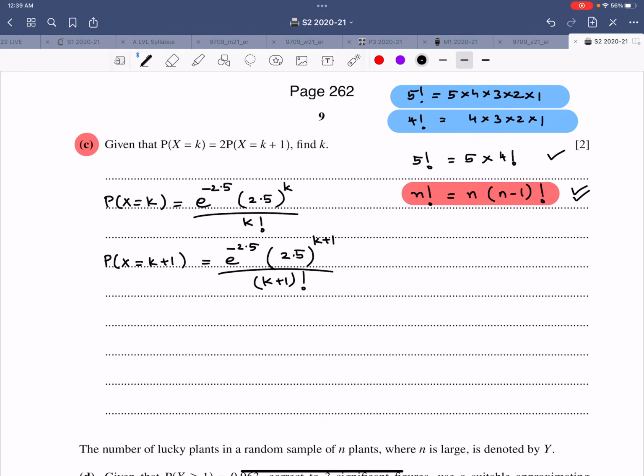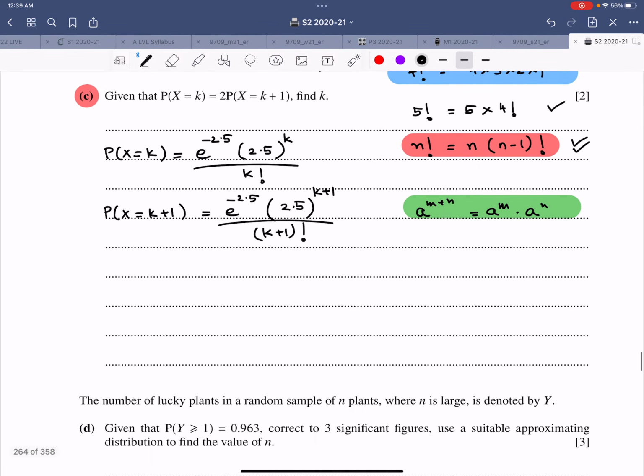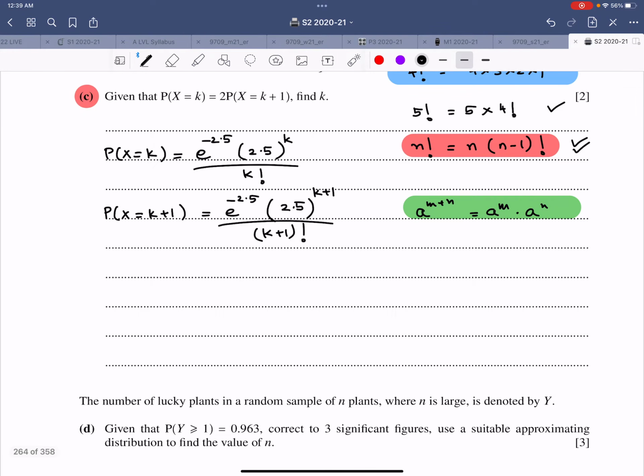Now we should also know indices, that is a raised to the power of m plus n is a power m into a power n. Now they are saying one is twice that of the other. So this one I'm writing in red, that is e raised to the power of minus 2.5, 2.5 power k over k factorial. And this one I'm writing in purple, that is e raised to the power of minus 2.5, 2.5 to the k plus 1.